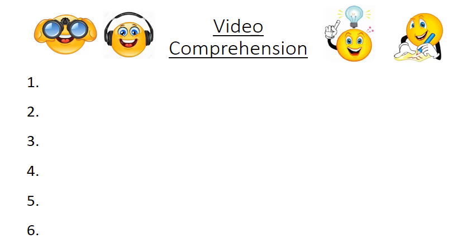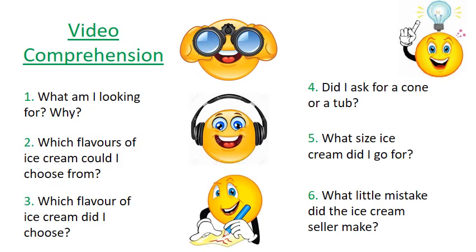So pause the video and do that for me, please. Okay, so for the moment, don't write anything else down, but I just want you to have in your mind the questions as you watch the video clip.